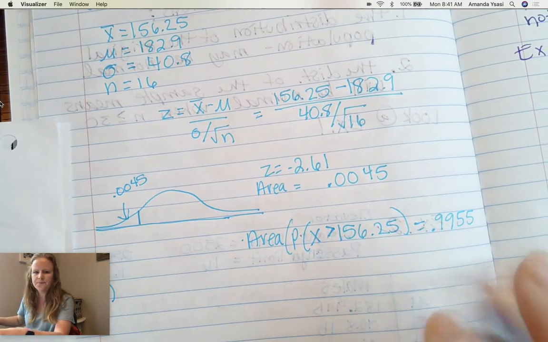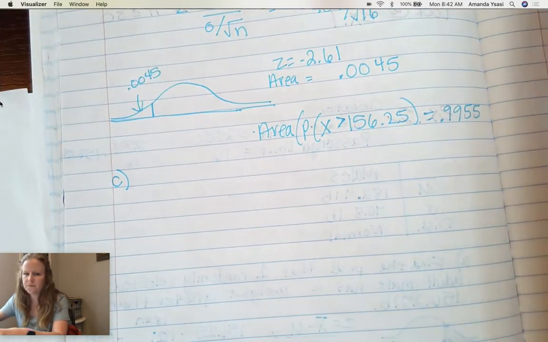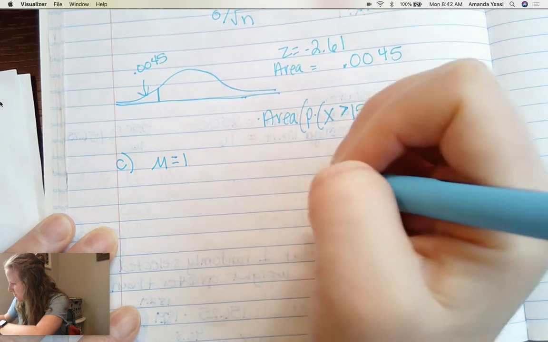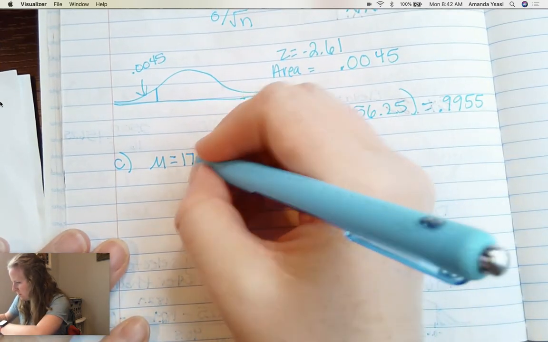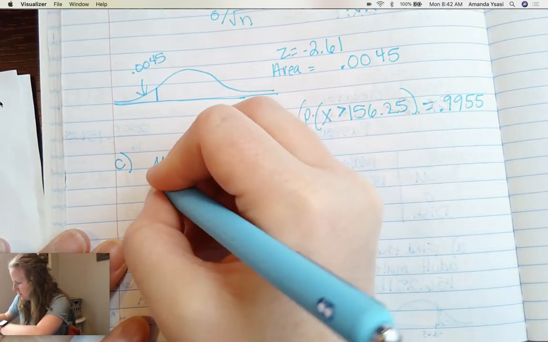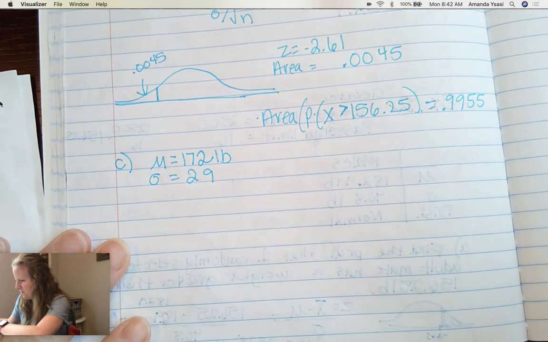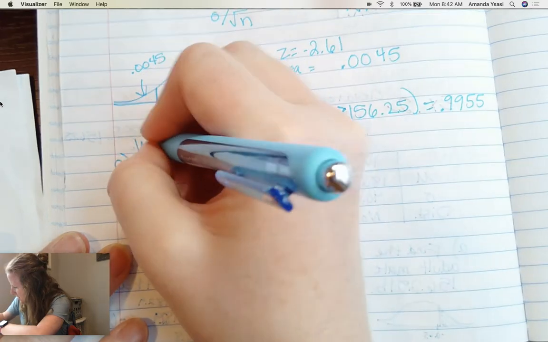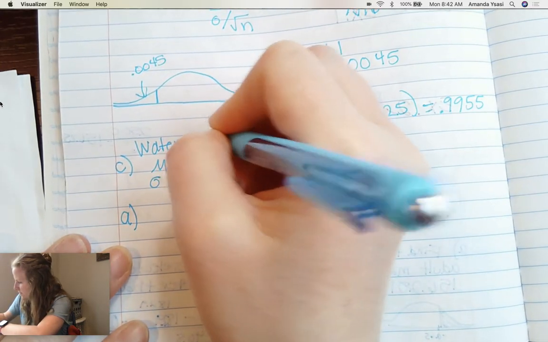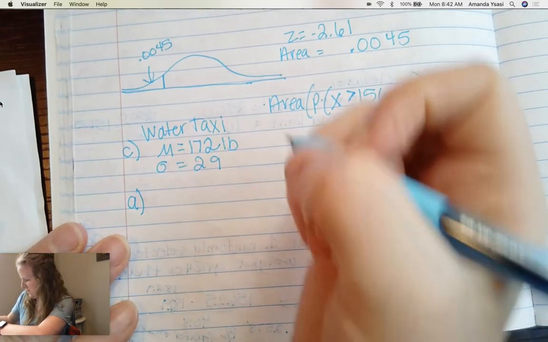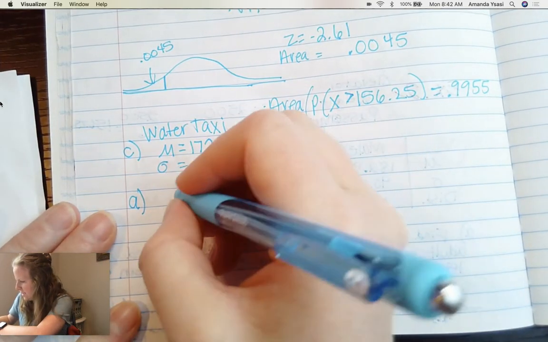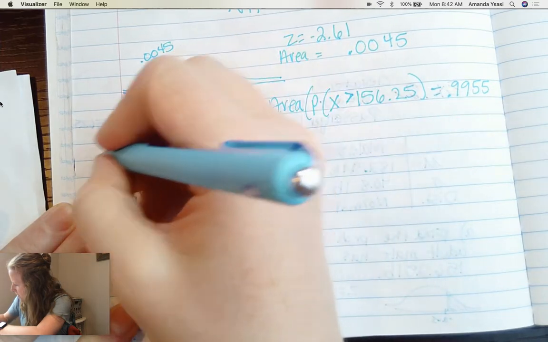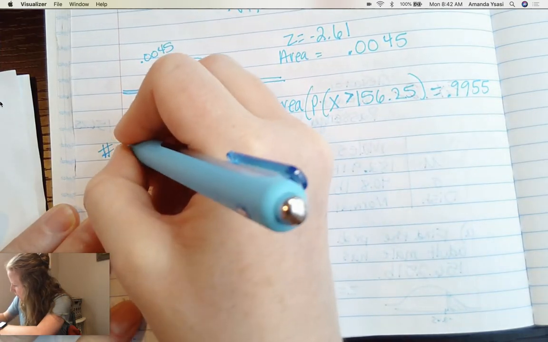So we have 172. Standard deviation is 29. This is with the water taxi. So we want to see what is the probability. Example 3.